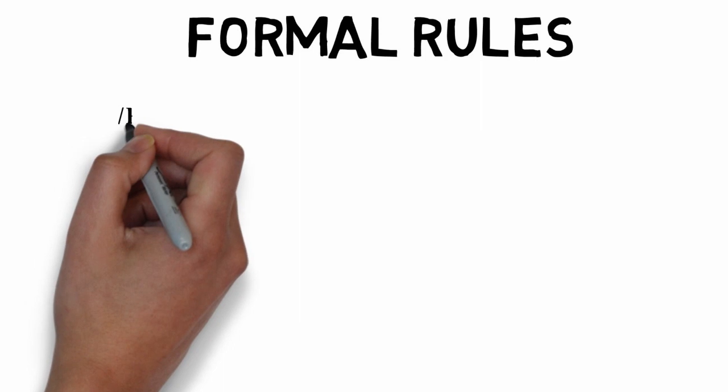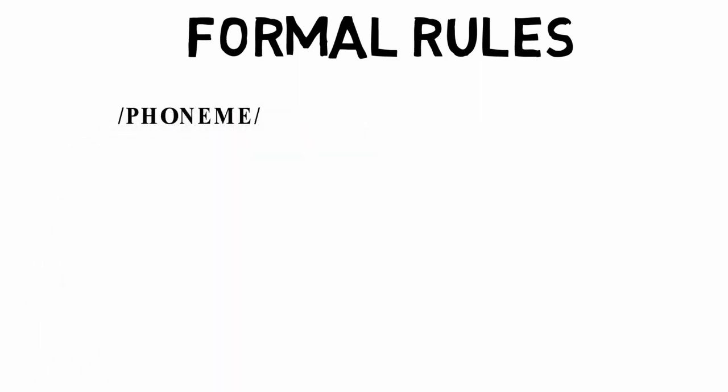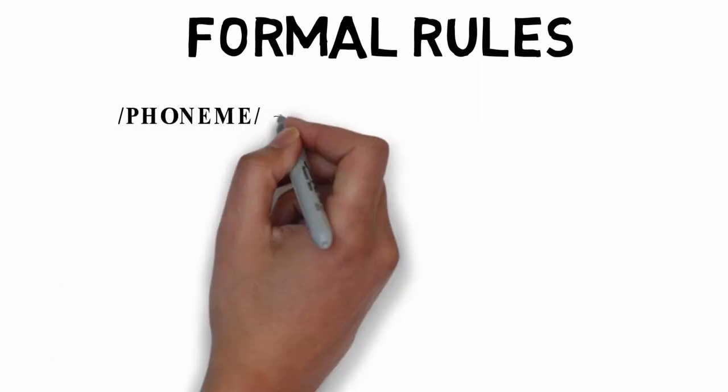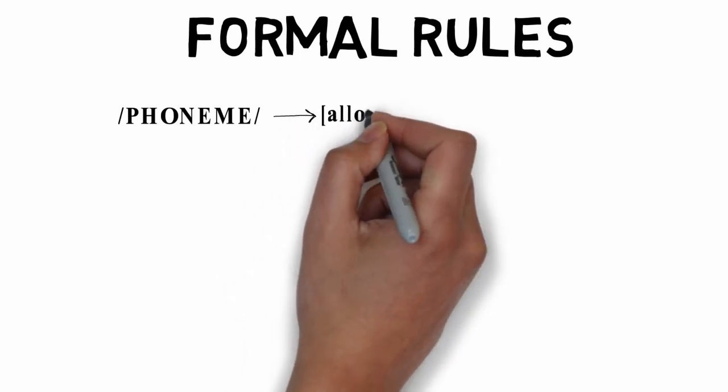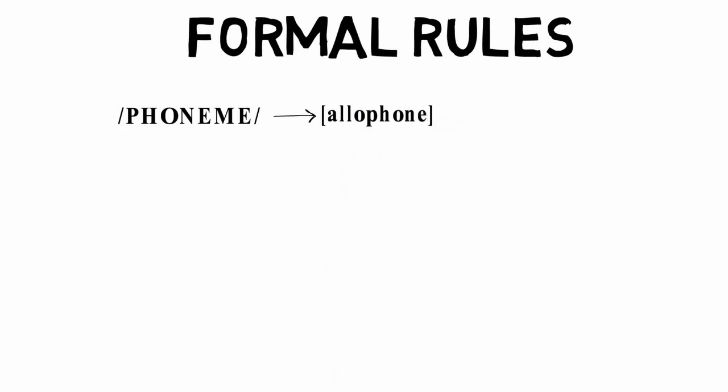So, in general, we have the following sort of schema, or general pattern. We have the phoneme, which is in between slashes, an arrow saying that the phoneme becomes, then we say what particular phone the phoneme becomes, and we note that within square brackets. Then we use a single slash, just to say this is the context in which.